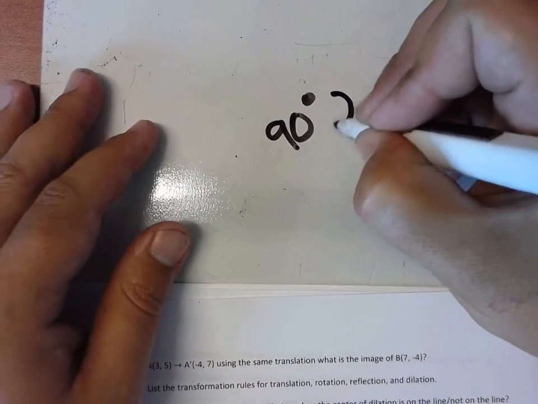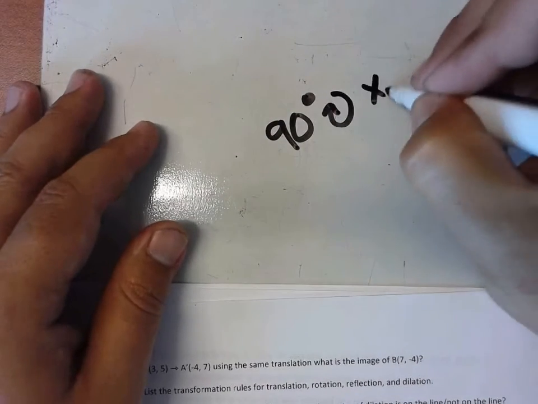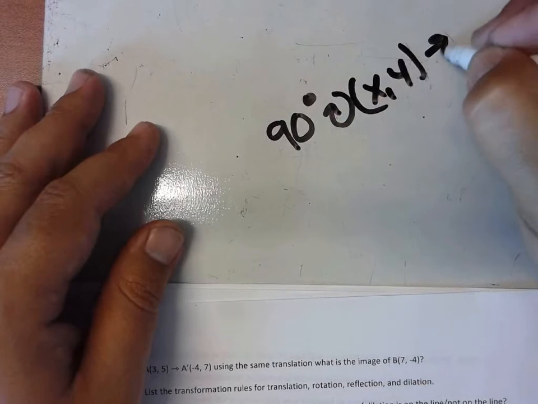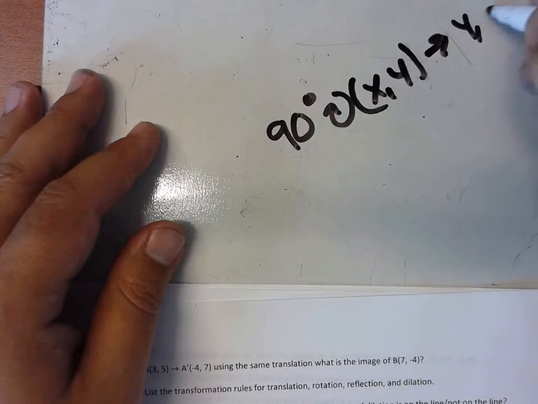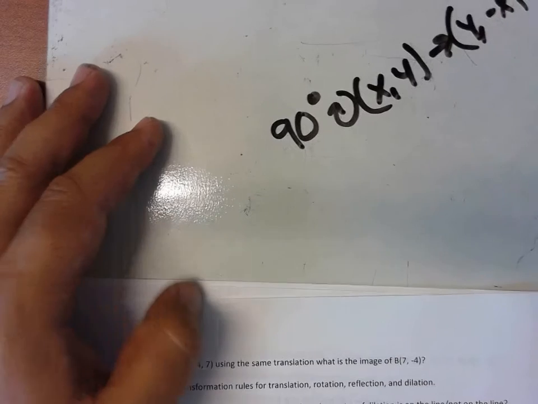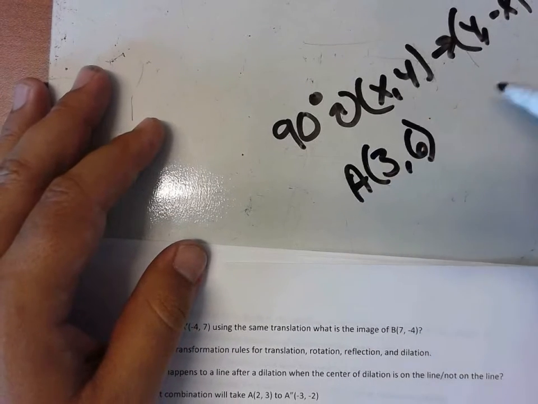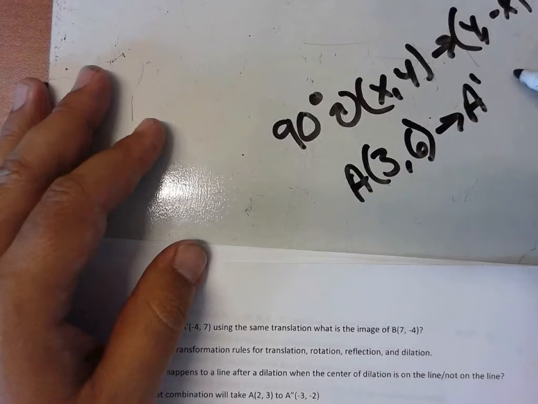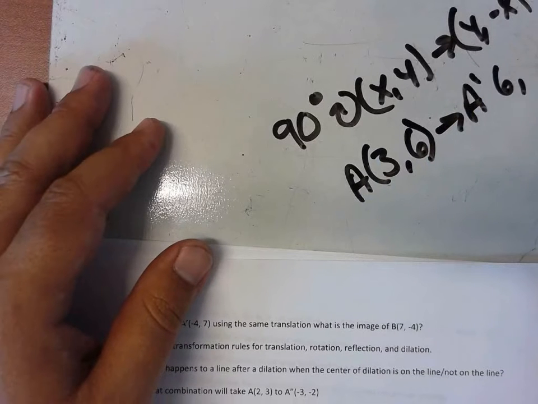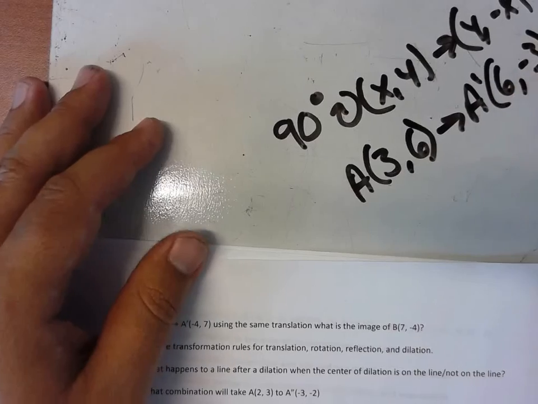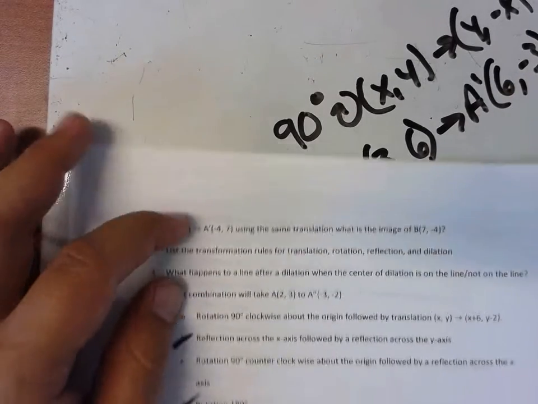So I want to go clockwise, which is X, Y to Y, negative X. My point is 3, 6, so A prime is going to be change the order, change the sign: 6, negative 3.